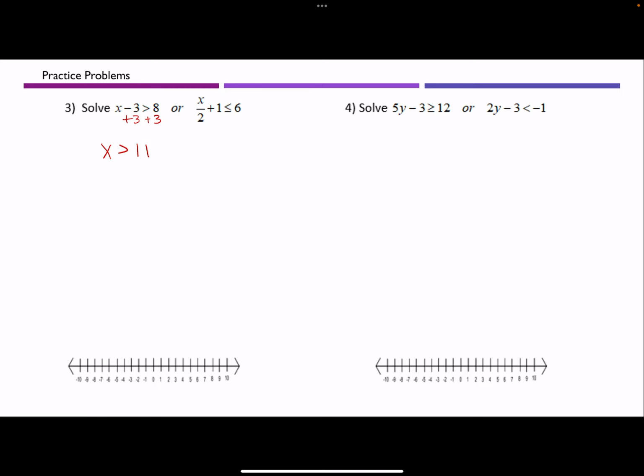And then the second part here, remember we're using SADMAP, order of operations backwards, to get x by itself. So we get rid of our subtractions or additions first. So we're going to get rid of that plus 1. So we have x over 2 less than or equal to 5, right?